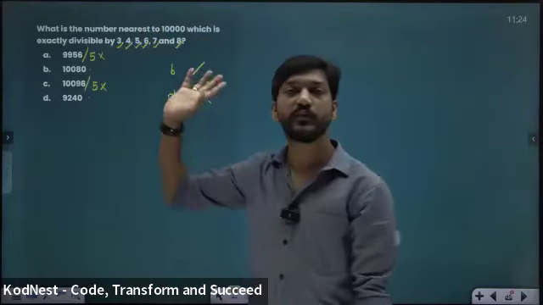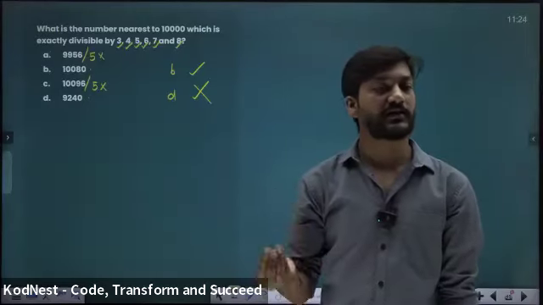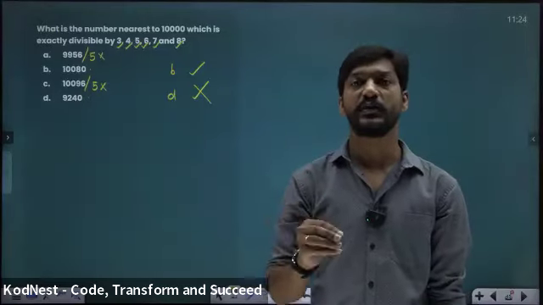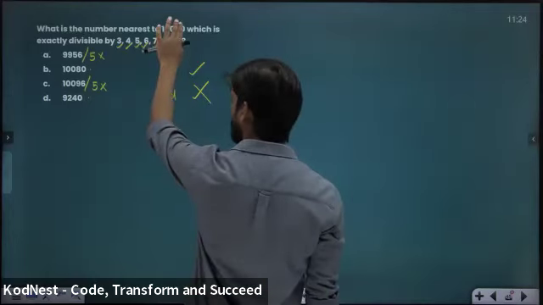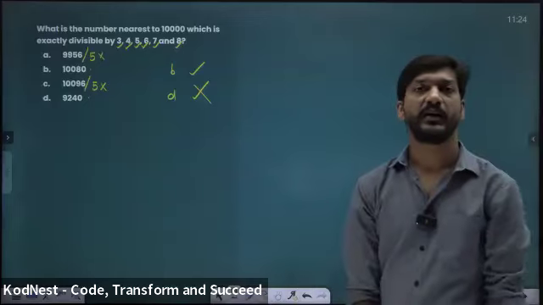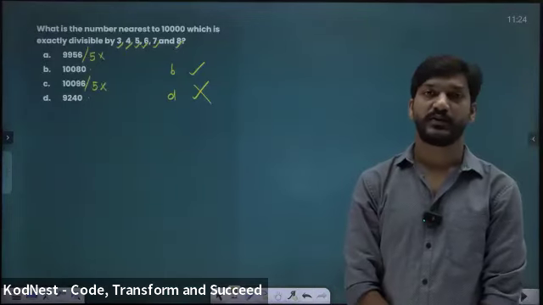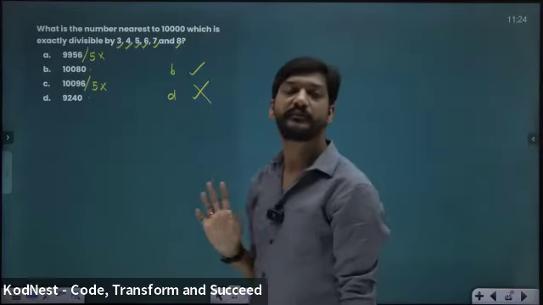I was not able to remove. So what did I check? The other conditions like greatest, smallest, 3-digit, 4-digit, like that. So they are saying nearest to 10,000. So nearest to 10,000 is B option. B is correct. That is the first approach, in which I have tried to eliminate the wrong option.